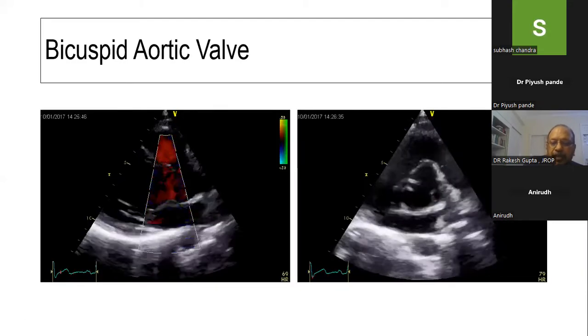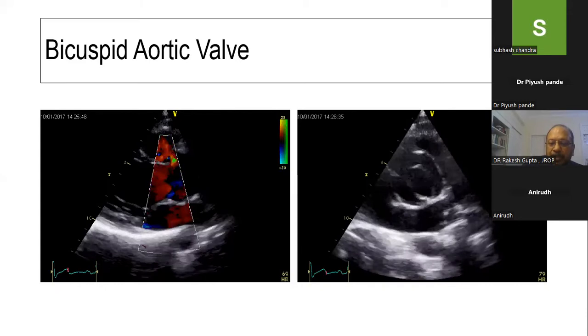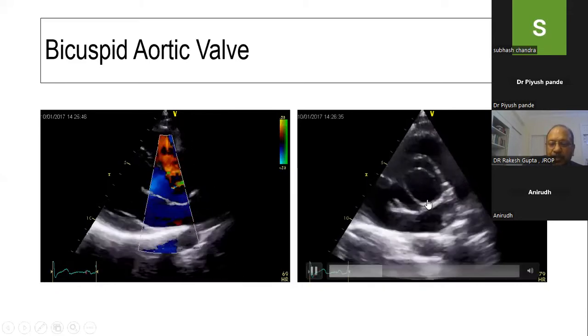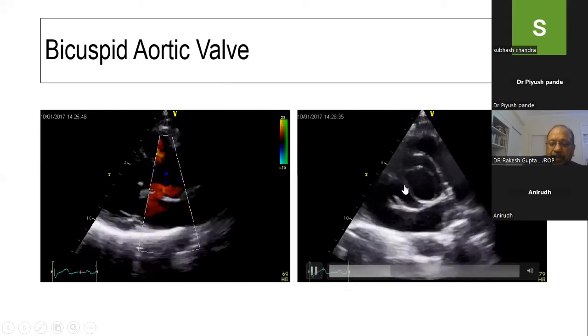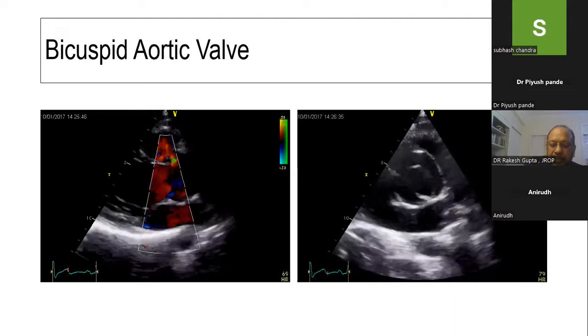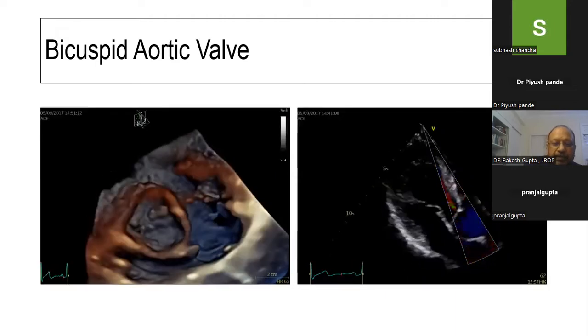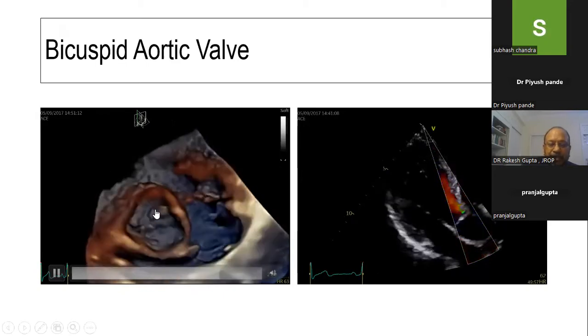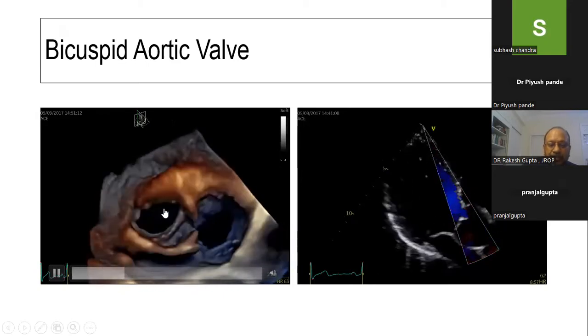This is bicuspid. Now you can see the bicuspid valve which is opening. Only two leaflets are seen, one over here, second over here. And this is the raphe, thickened raphe. There is no band sign. Now this is bicuspid in 3 dimensions transesophageal echo.